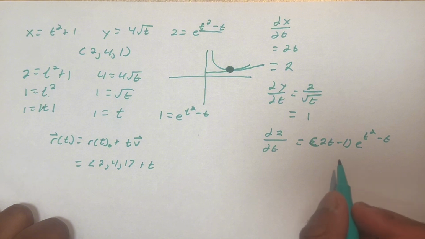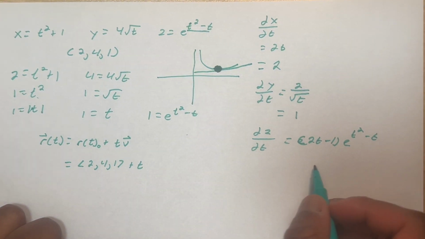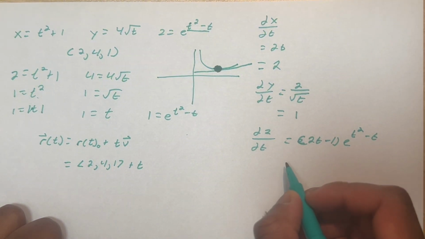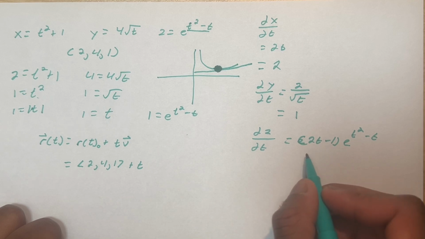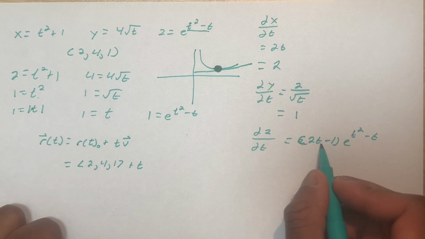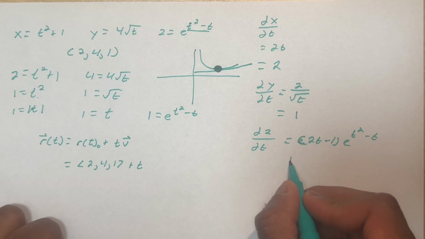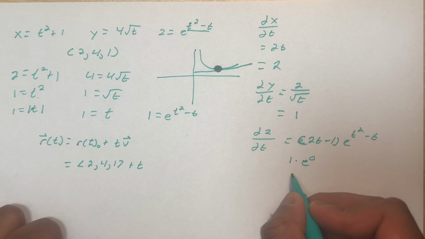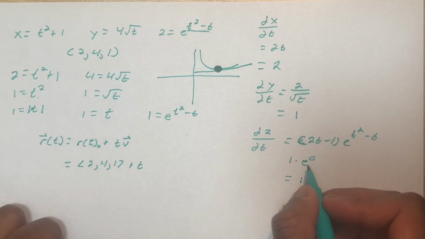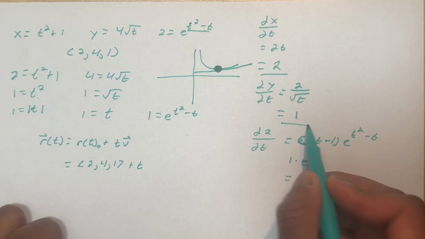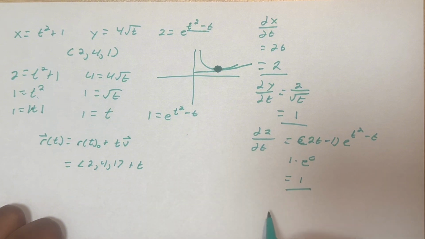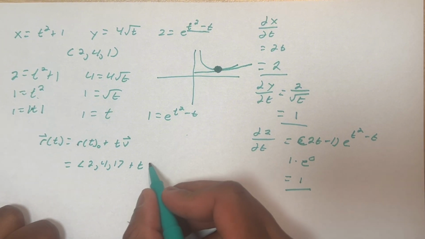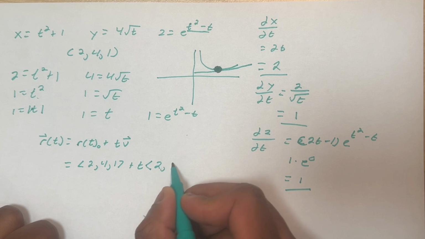When t equals 1, we have 1 here times e to the 0, so we have 1. So we have 2, 1, 1. That's each component of our direction vector.